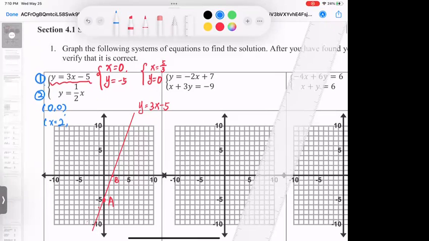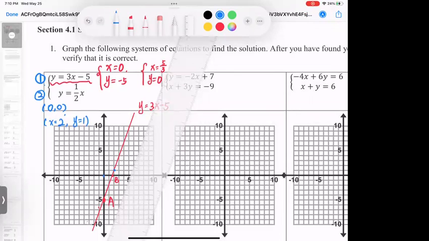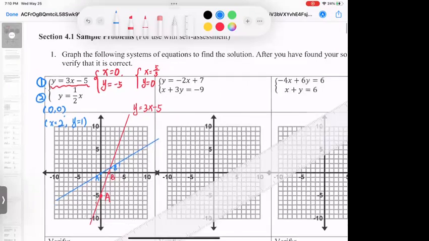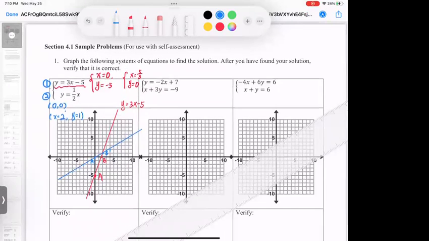If x is 2, y is 1. So let's do it: 0, 0, and 2, 1. That is dot A and dot B. We connect these two points. It seems to be the answer. Does everyone agree with that?